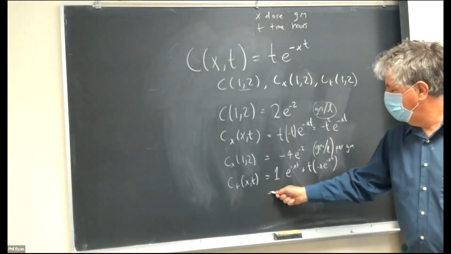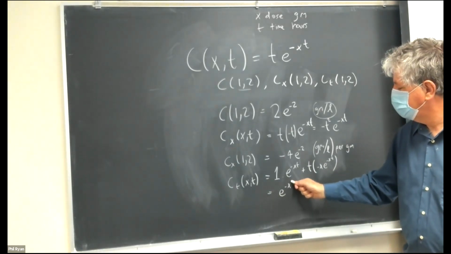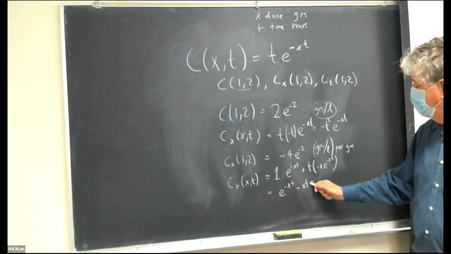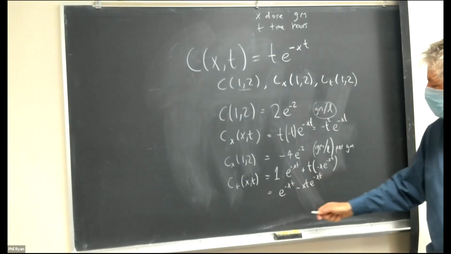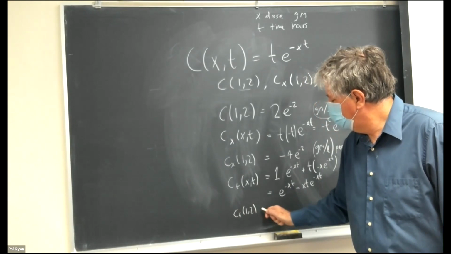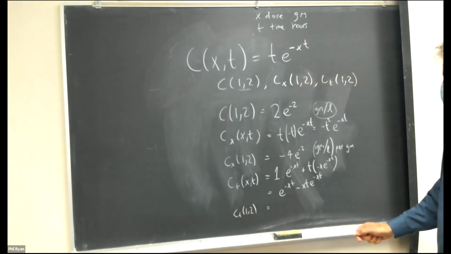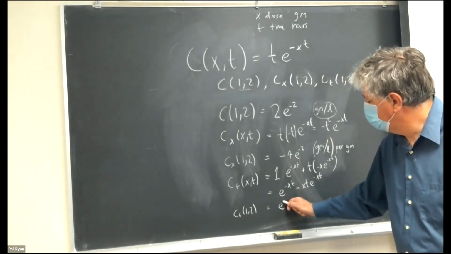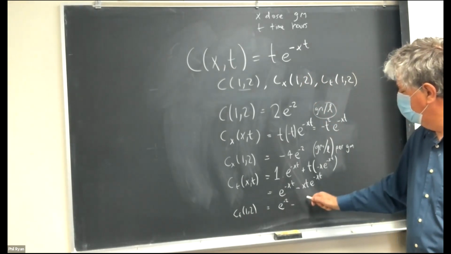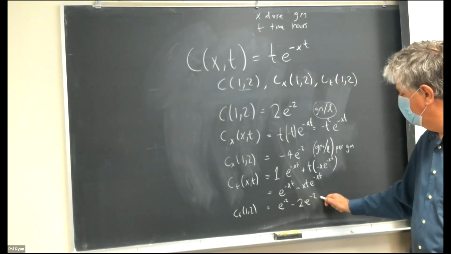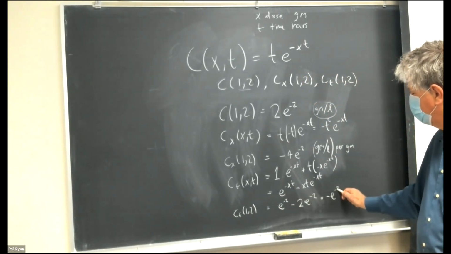And so that would be e to the minus xt minus xt e to the minus xt. So when x is 1 and t is 2, that's going to be e to the minus 2 minus 2 e to the minus 2, so it's minus e to the minus 2.